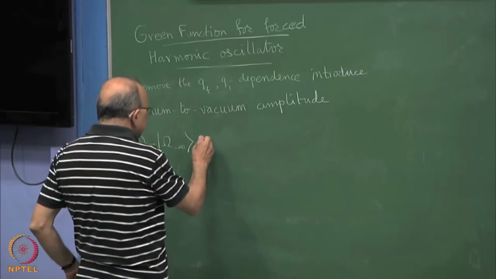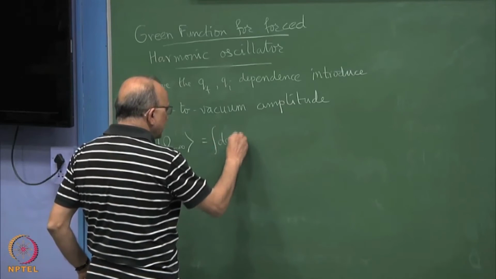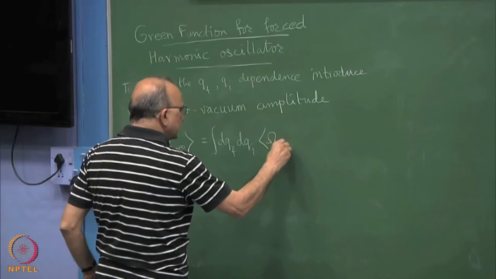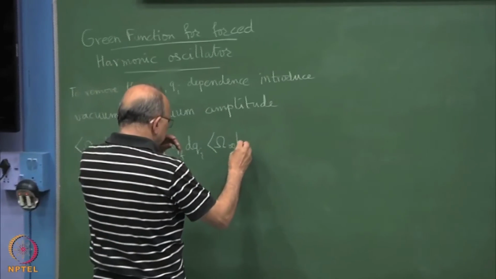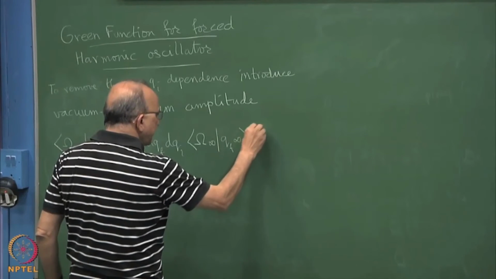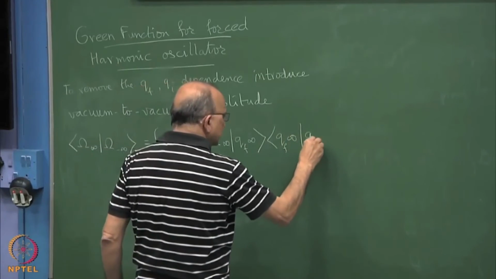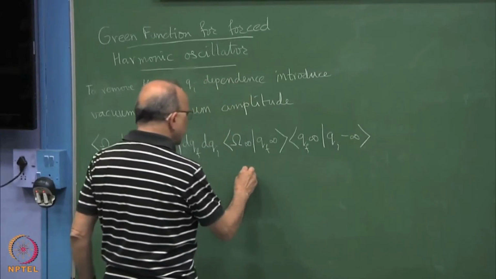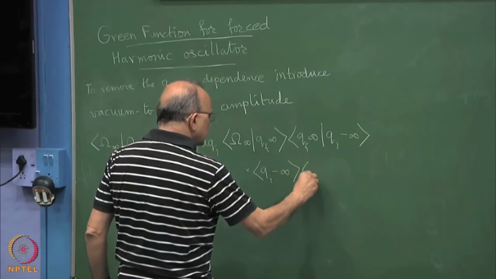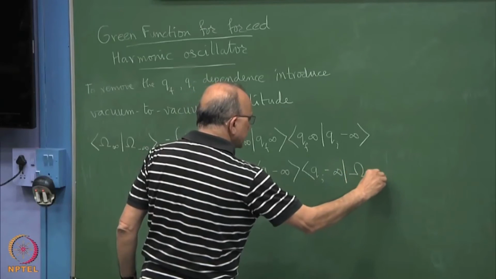But this then is the integral dqf dqi, omega infinity, qf infinity, then the qf infinity qi minus infinity, and times qi minus infinity to omega minus infinity.